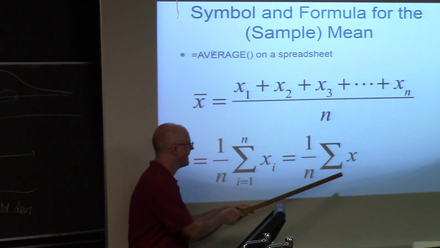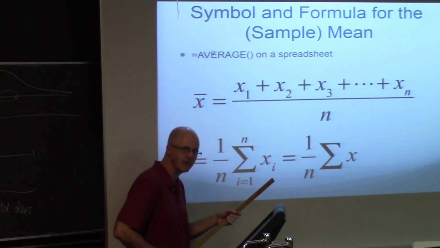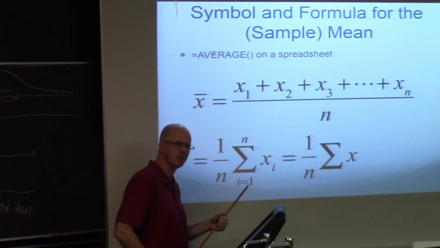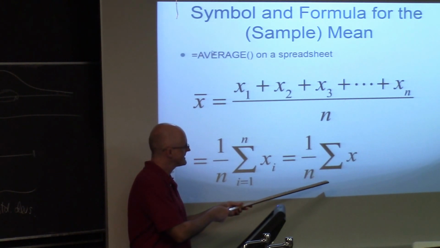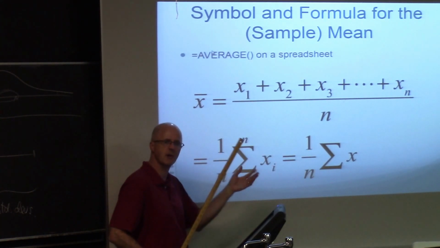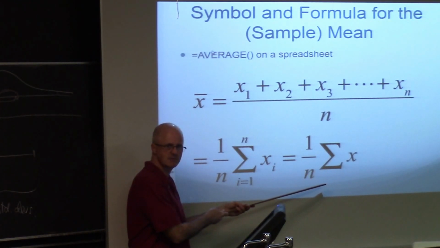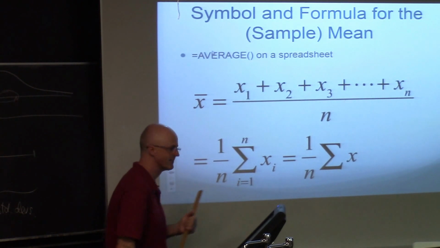The main reason it's sloppy is because it makes you think that all the x values are the same. Add up the x's that are all the same number? No, it doesn't mean that. The subscript emphasizes the differences. It also doesn't emphasize where i starts. It's implicit that you start with the first number and then go to the ending number. In fact, people will usually be sloppy in this course to save some time. Okay?